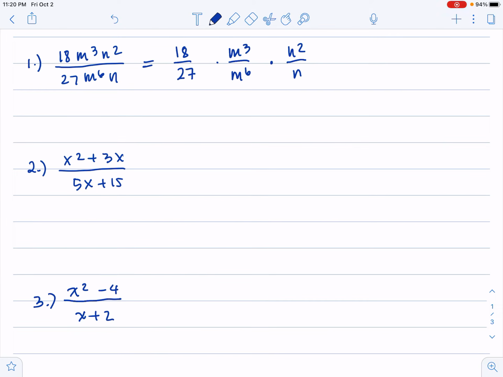And by factoring, we can get a factor of 18, no? Prime factors. So ang 18 ay 2 times 3. That's 6 times 3. And then ang 27 ay 3 times 3 times 3. And then we have m cubed.